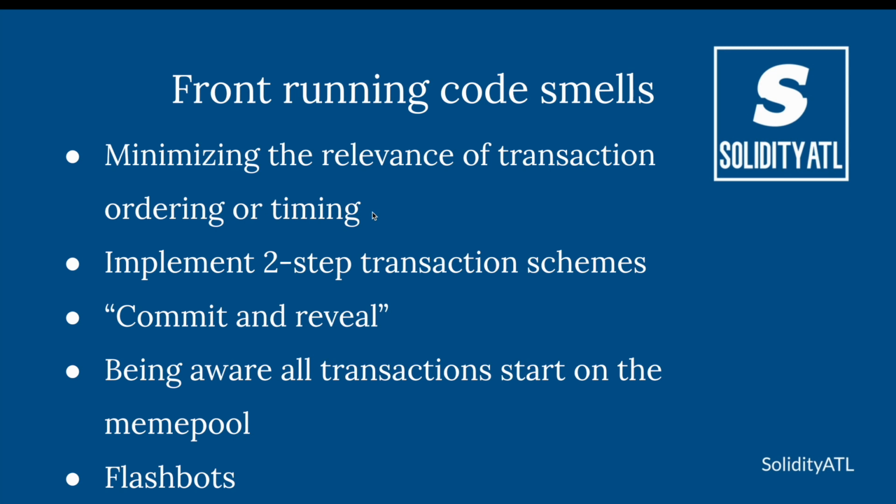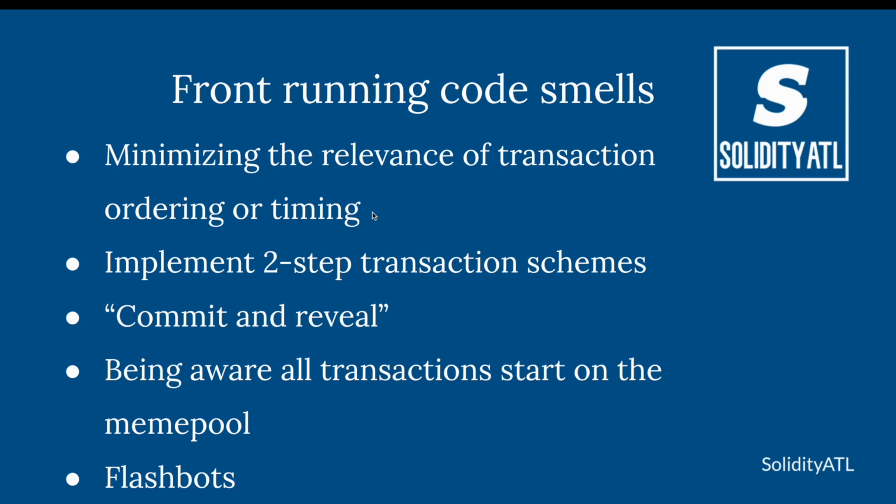So that's two steps. Same with updating specific admin privileges. You may see two-step transaction schemes used here. These are just ways to prevent front-running attacks because you need to have a specific person or address make that first transaction in the two-step scheme.